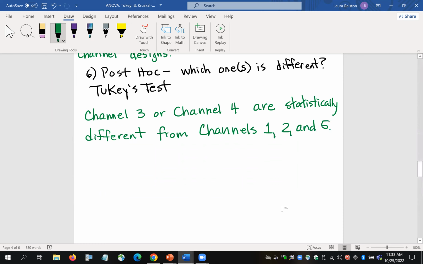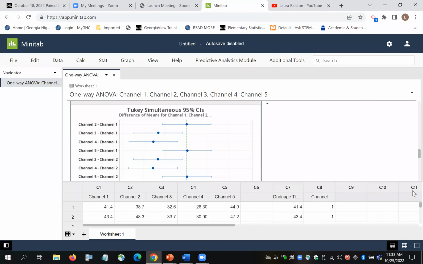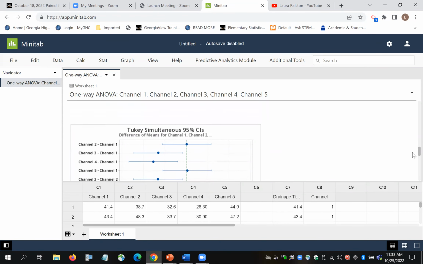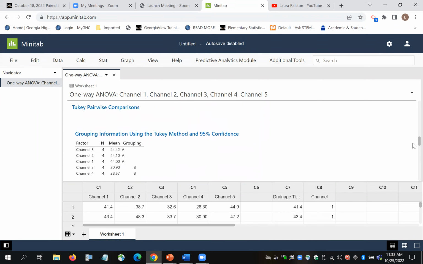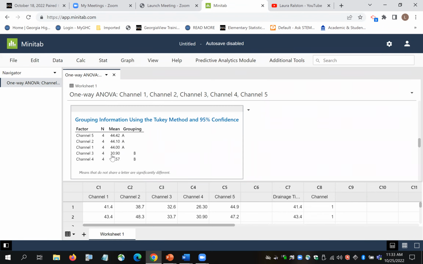And again, if I go back and look at those mean values, it appears that channel 3 and 4 drain faster than 1, 2, and 5.